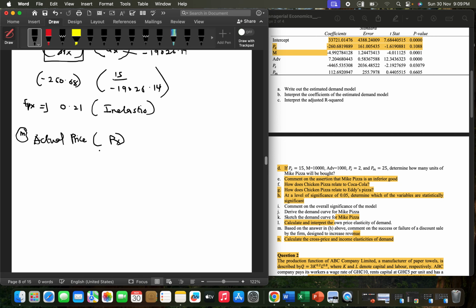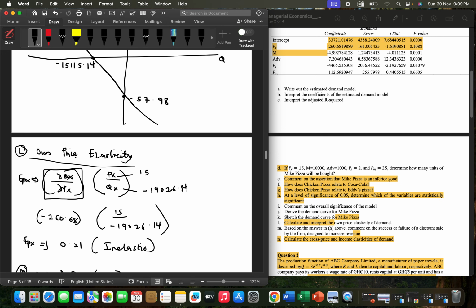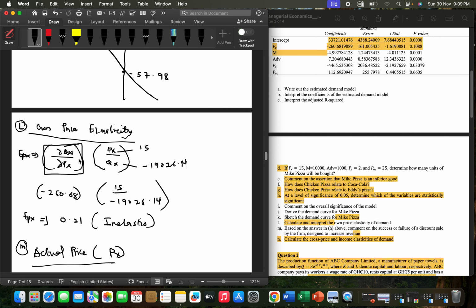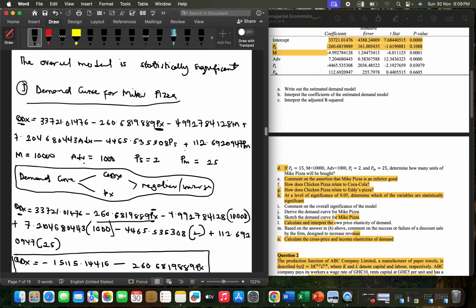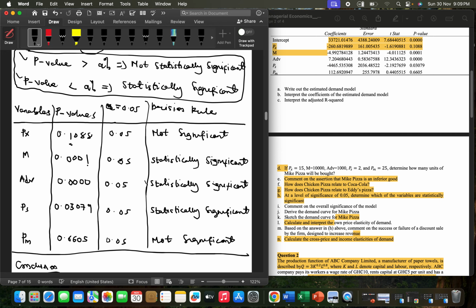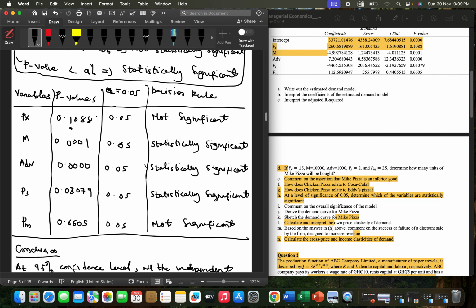So this is the price we are going to use to solve the question. So let's go to the H part and check for PX. So this is the H part of the question. So PX, we had price to be what? Not significant.